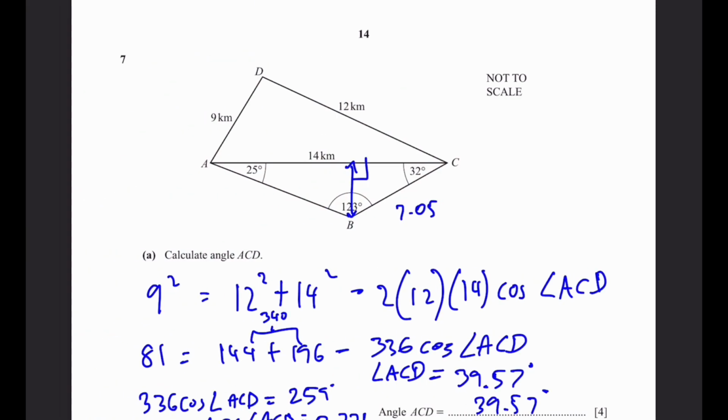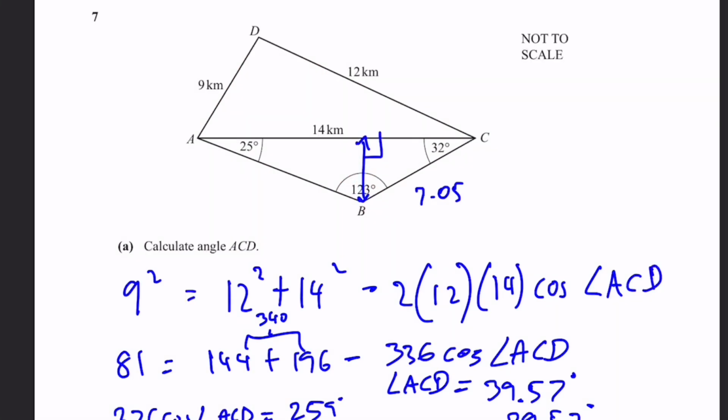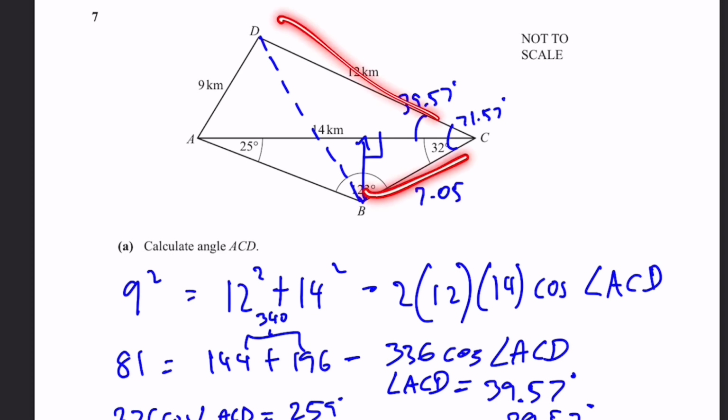D. Calculate the length of the straight line BD. So where's the line BD? It's this line. Let's first draw that imaginary line BD. Now we have this angle 39.57 degrees from part A over here. That means that the full angle will be equal to 71.57 degrees. So now we know two sides and one angle of the full triangle.